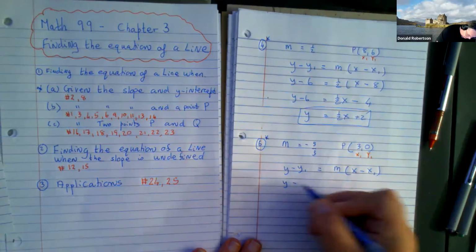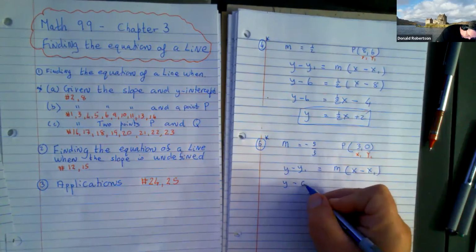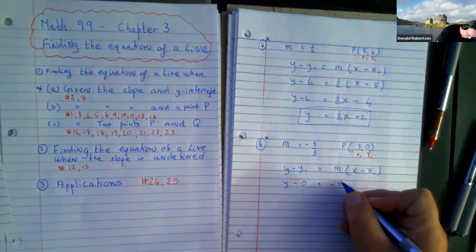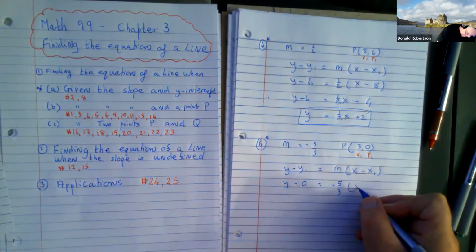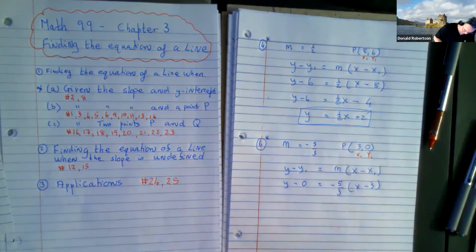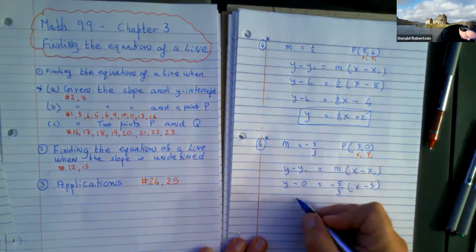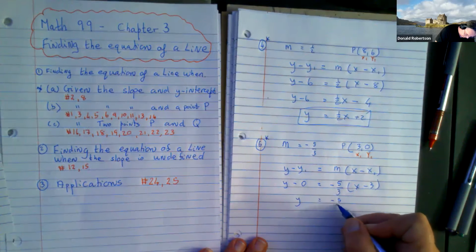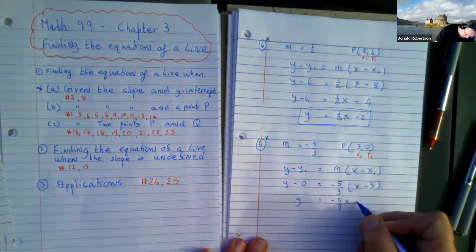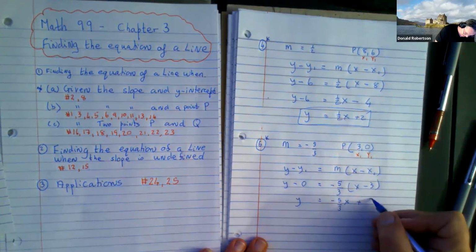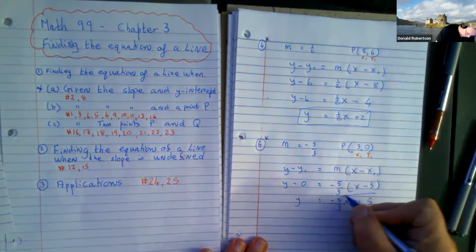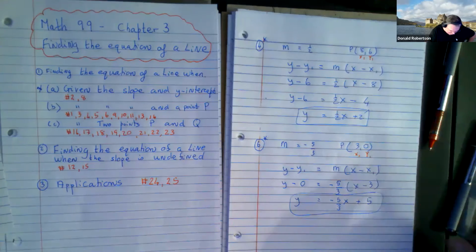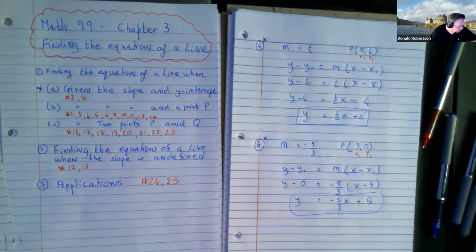In this case, y take away 0 is going to be -5/3 (x take away 3). That simply gives you y. Distribute the -5/3. You get -5/3 x, and this times this gets you +5. And we now have the equation of the line in the y equals form. And we are done.